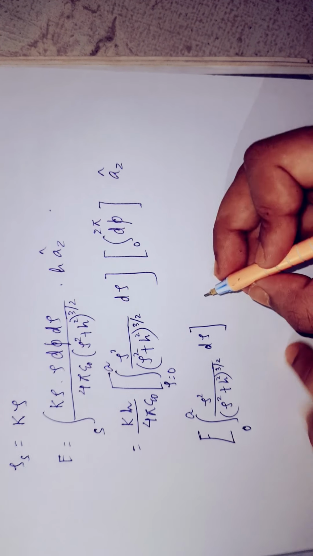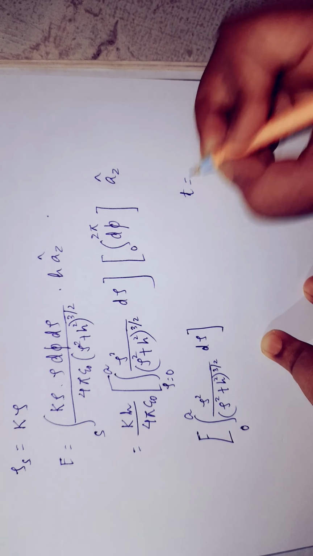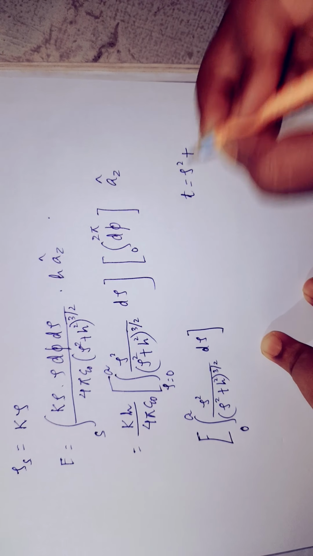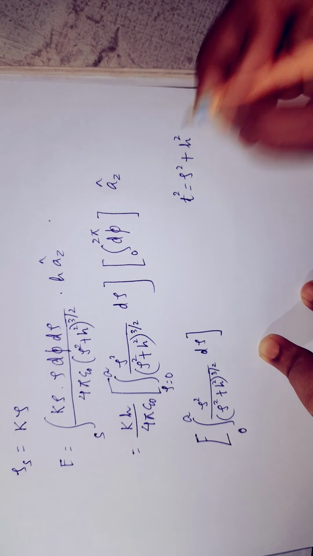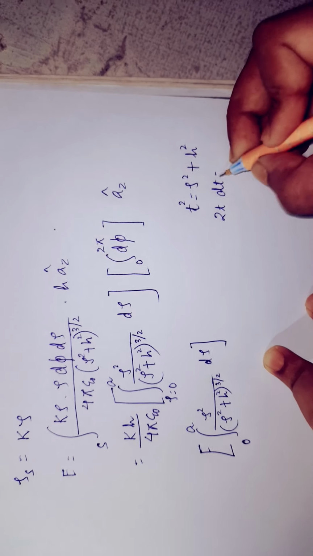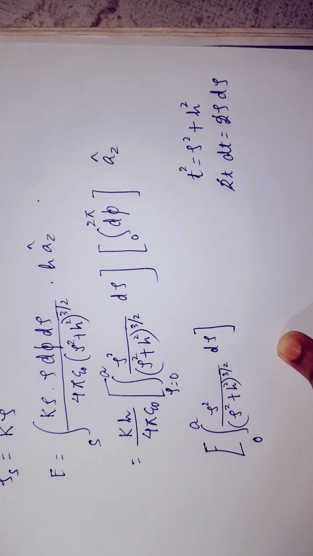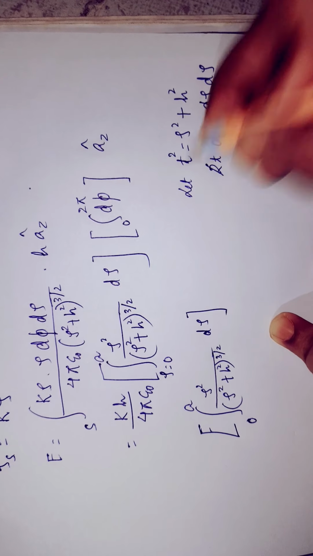integration from 0 to a. Let me take t square equal to rho square plus h square. I will differentiate it. This is what I have assumed.